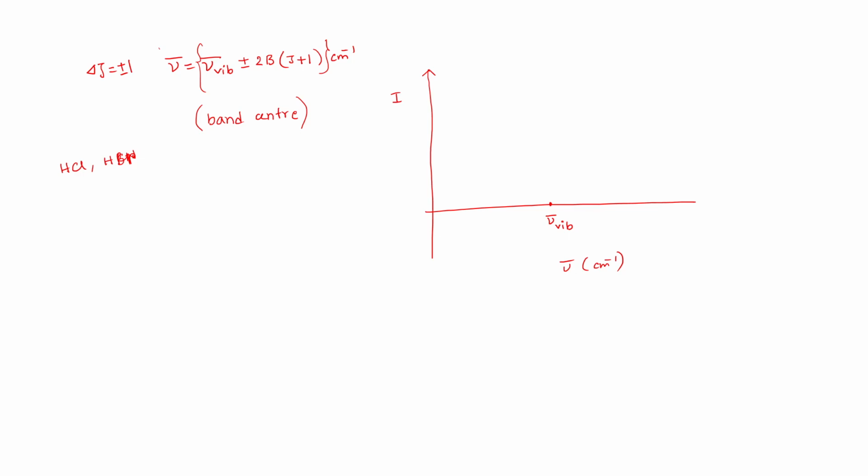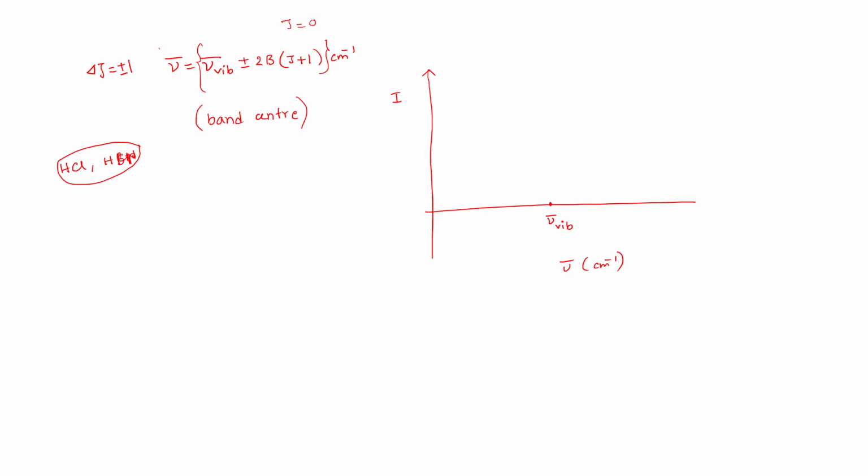If you have a high resolution instrument and high resolution spectra, is there any possibility of intensity at the nu bar vibrational? No. Why not? You are correct, but why not? Because it also needs V. Yes.